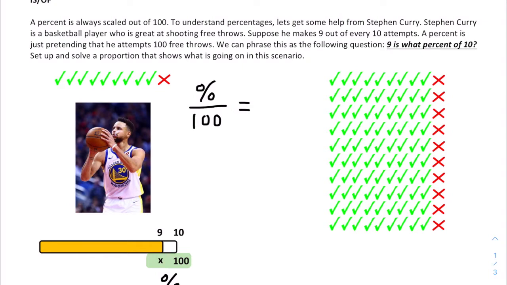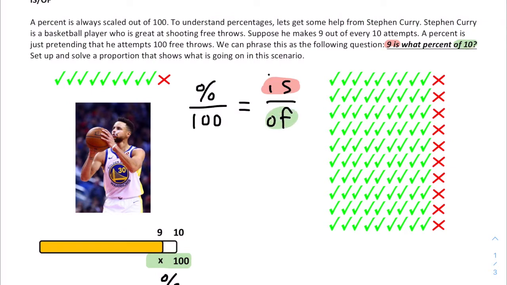Well, the word "is" represents the part, and the word "of" represents the whole thing. And one thing that we can do is come over to our little question and say, it says 9 is, so the 9 is, and then we have what percent of 10, so of 10.